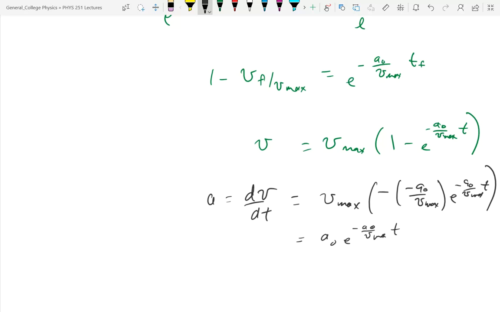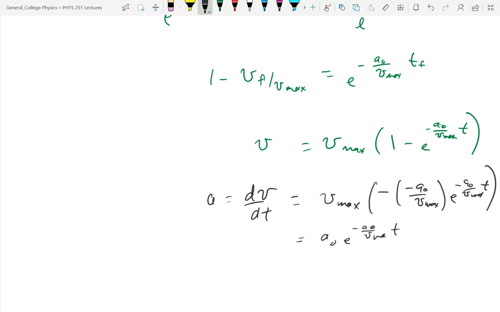The acceleration is this exponential function. At time equals 0, e to the 0 is 1, so it's going to start at a0, the maximum acceleration. And as time increases, the acceleration is dropping exponentially.